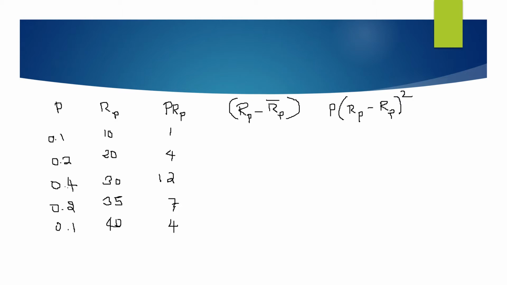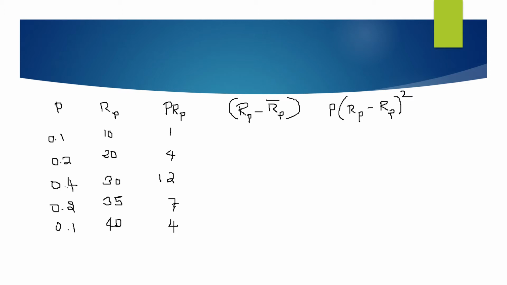So here I have written the values which were given in the problem, that is the probability values and the return values of P. Whenever the returns are given for one particular stock and the probability is given, you have to multiply them.